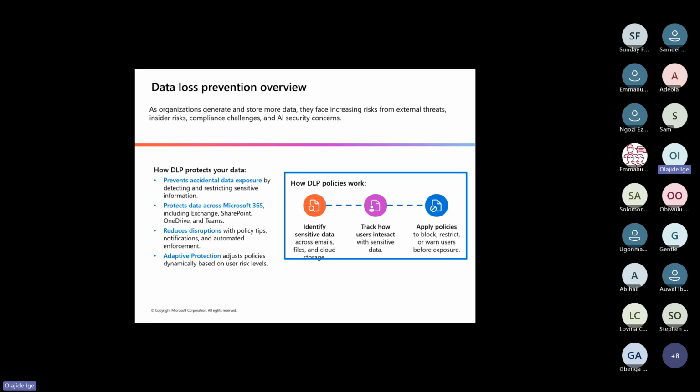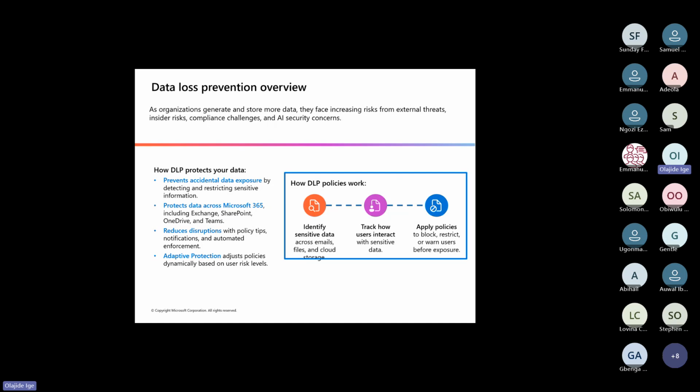So you get tips like, the information you want to send is going to an external user, or this information you are sending is confidential. It makes you know that this information is actually classified as sensitive. To you, it might not look sensitive, but it gives you a clue for you to know that this thing is sensitive.